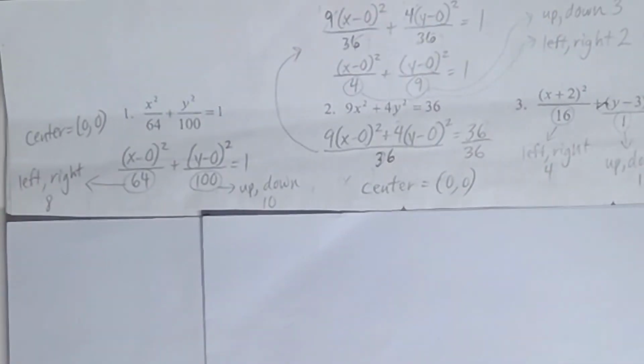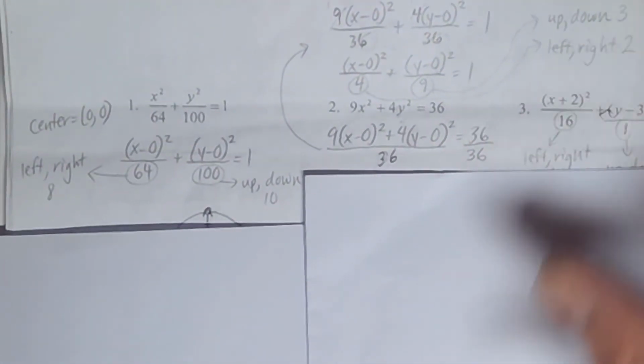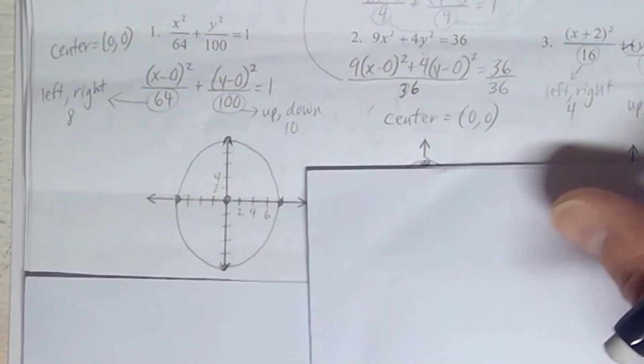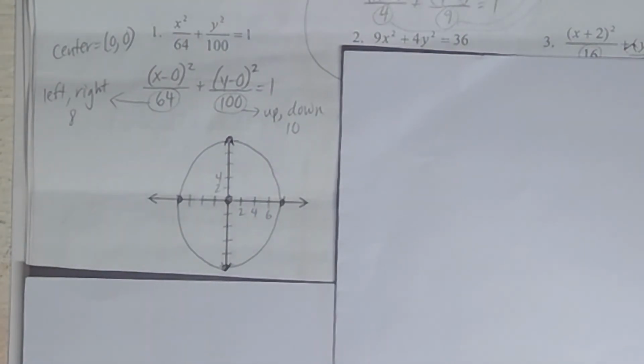Now, since these are pretty big numbers, you might be thinking, I want to change the scale on my graph. That's okay. Just remember that similar to circles, if you're going to change the scale, you have to do the same scale on both the x-axis and the y-axis. Circles and ellipses are the only types of graphs where you have to do that. We'll see some different graphs in the next section, where you won't have to follow that rule.